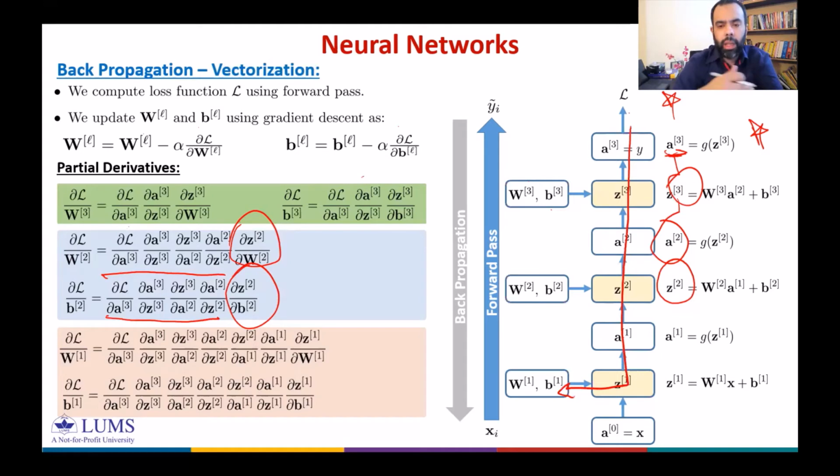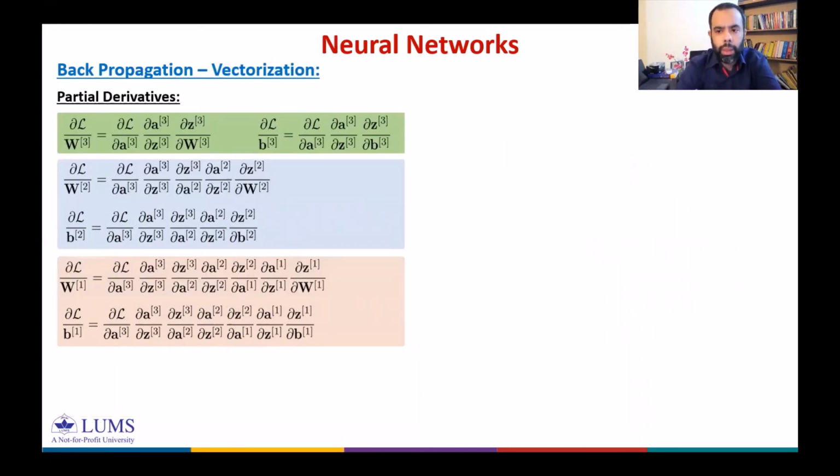Okay, let's see another interpretation of these partial derivatives. This is what we have computed using the alternative visualization. If I rewrite the partial derivative of the loss function with respect to W3, these first two partial derivatives are the same for weight and bias. In fact, the product of these two represents the partial derivative of the loss function with respect to Z3.